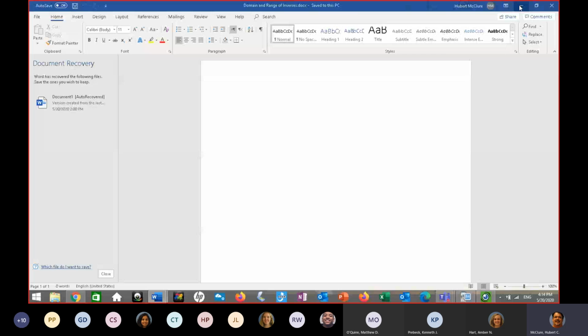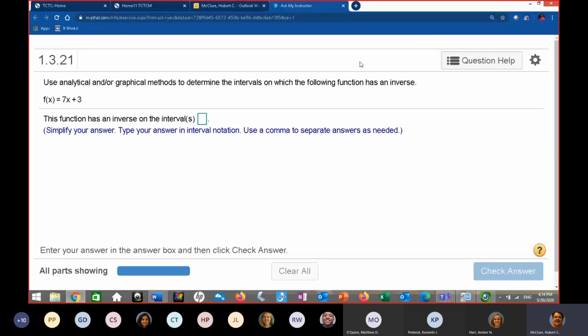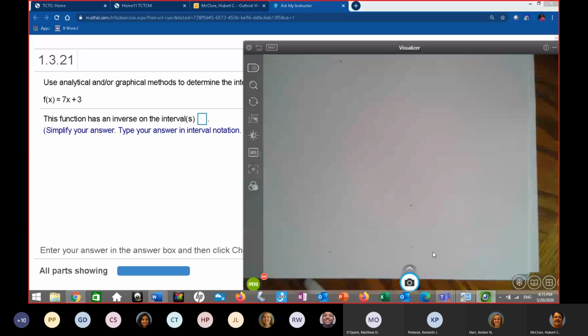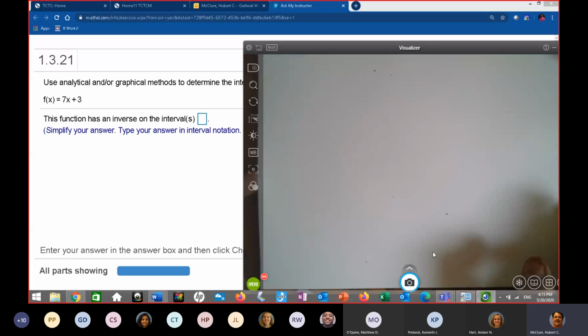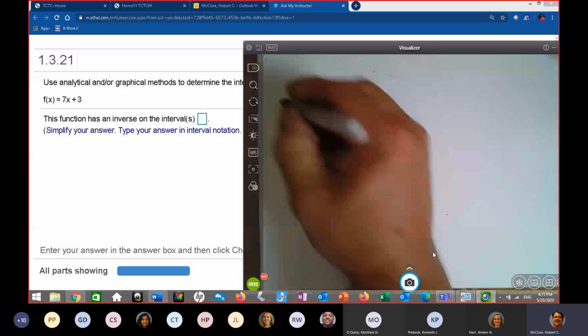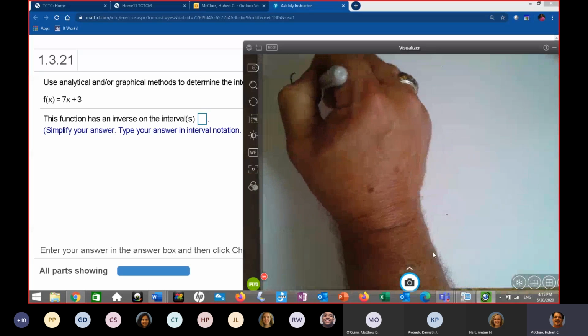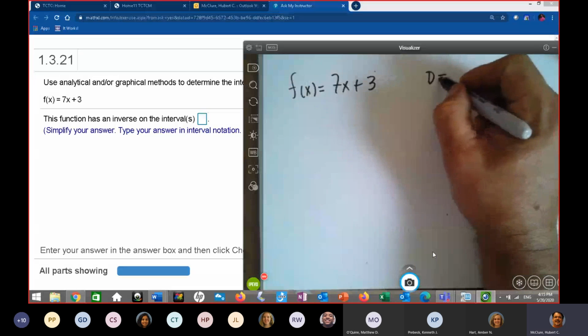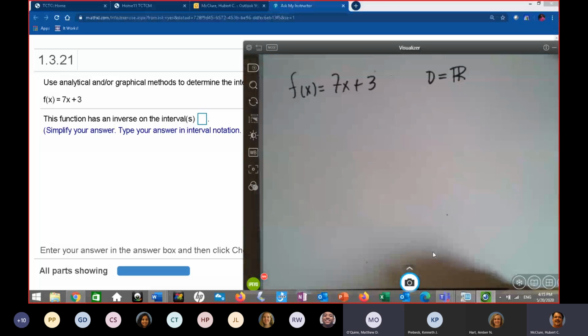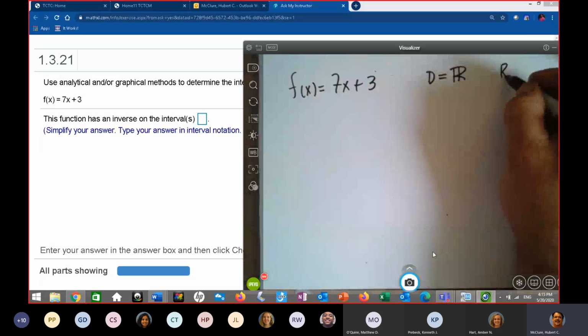Well, good. All right, so I'm going to say, and you can graph this function if you want to, f of x is equal to 7x plus 3. And my domain of this function is all real numbers. My range is going to be what?